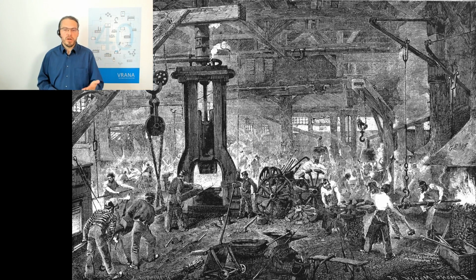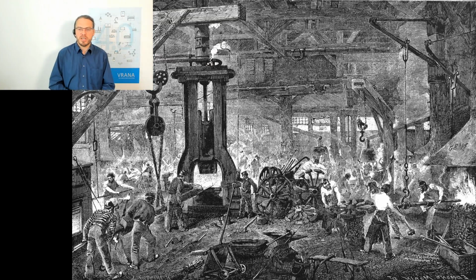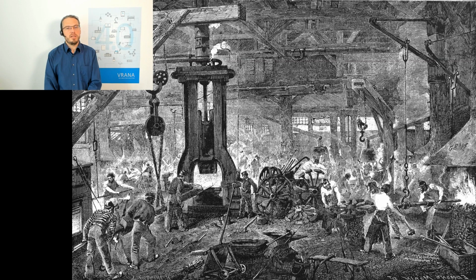So if we come back now to the example I showed before, the forging shop, and look at how it looks somewhere during that second industrial revolution, we can see the difference. We can see all this mechanization of that hammer forging those components.